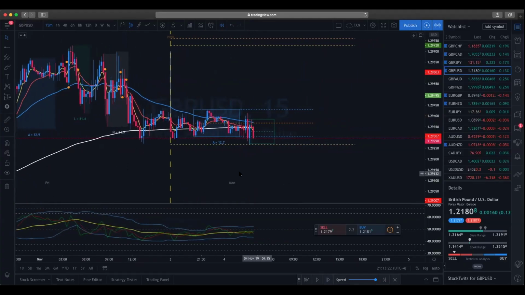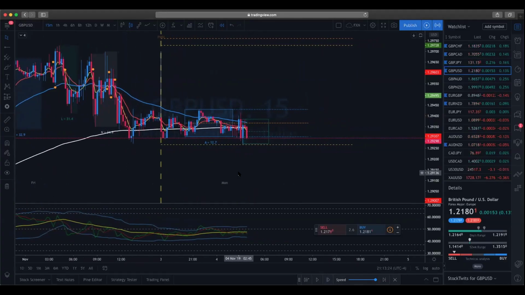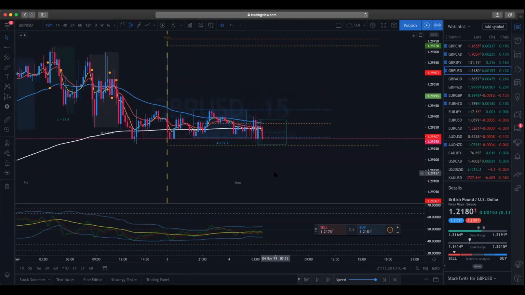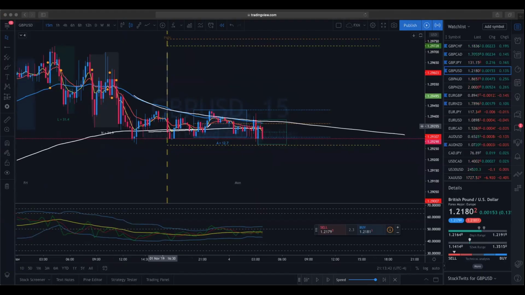What is that behavior telling you right there? Can't break the middle, exactly. It's not breaking the middle. The 50 is basically holding price. This 200 is going straight through price.